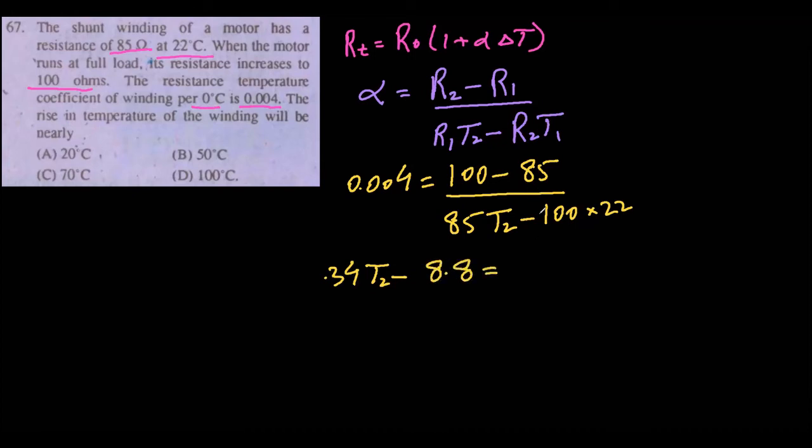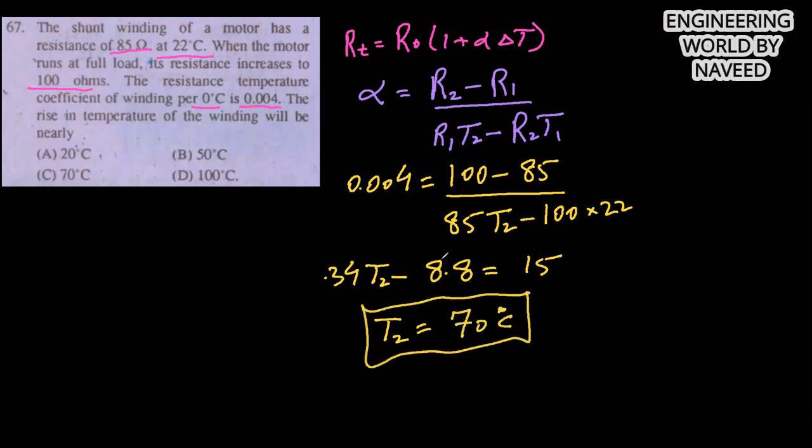And 100 minus 85 is equal to 15. So T2 will be equal to 15 plus 8.8 divided by 0.34. From this you will get 70 degree. So is there any option which is equal to 70 degree? Yes, so option C will be the correct answer.